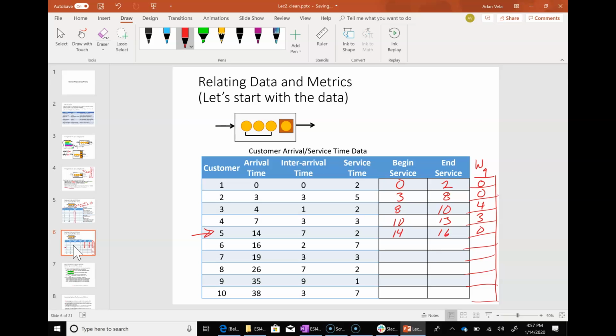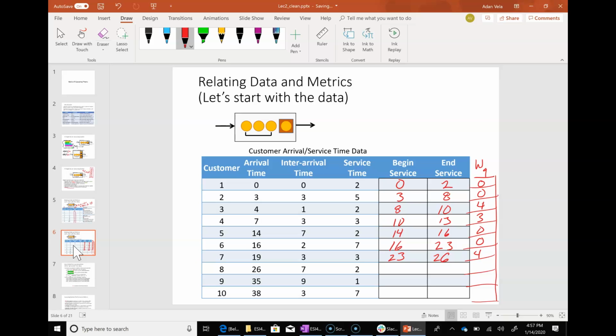Customer 6 arrives at 16, but the previous customer just finished, so he slides right in. Gets out at 23. Next customer arrives at 19. They're going to have to wait until 23. They're going to leave at 26. That means they waited 4 minutes. We can keep going through this process.